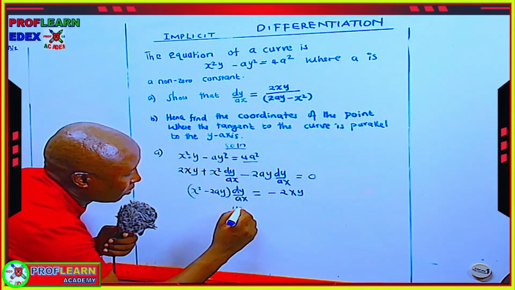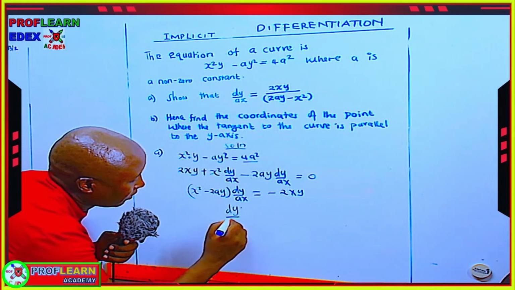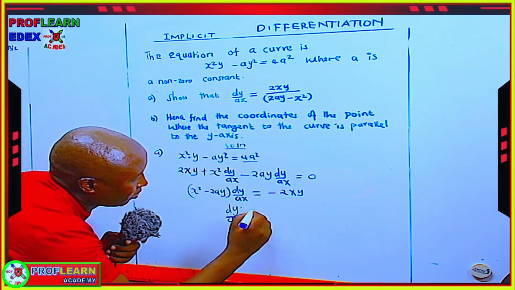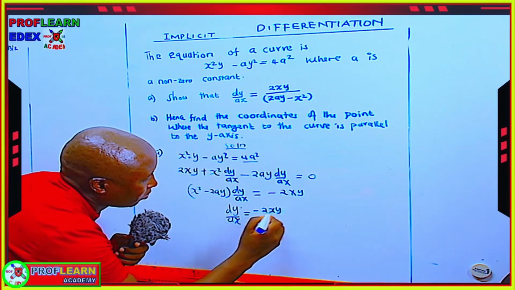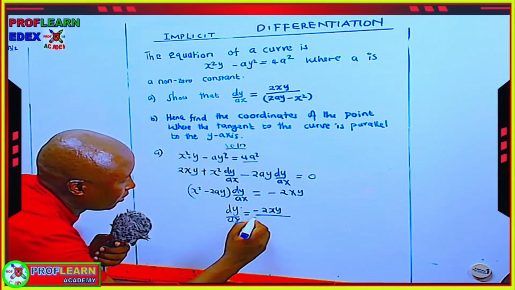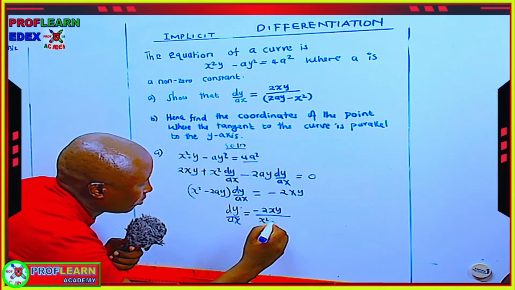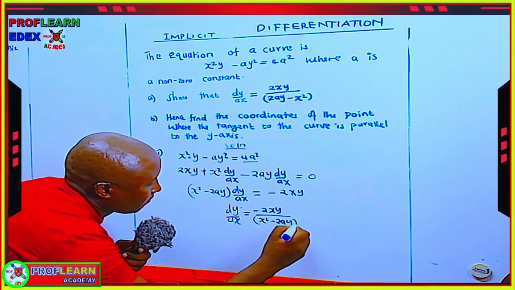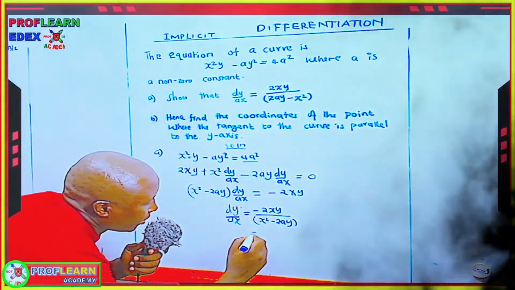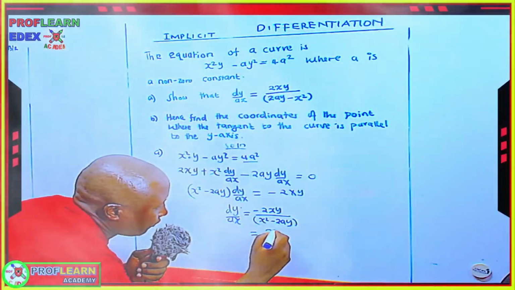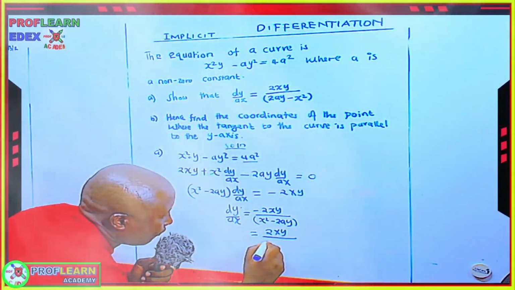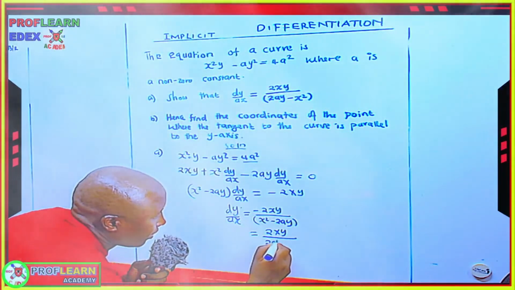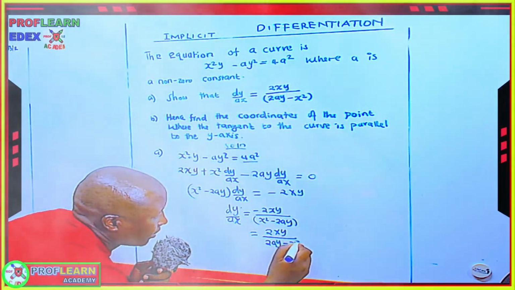So with this, I can divide both sides. I remain with dy dx equals negative 2xy, divided by x squared minus 2ay. With this minus, I can rearrange the equation, and I'll have 2xy over 2ay minus x squared.